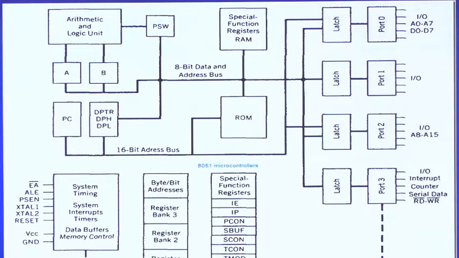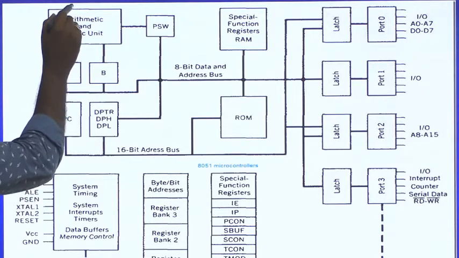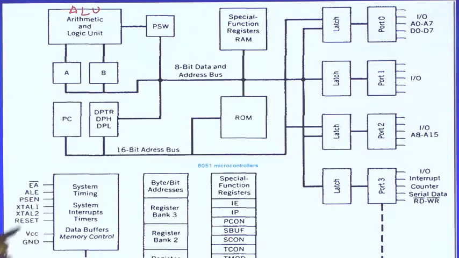I will straight away enter into the concept. This is my first block, which is the ALU, arithmetic and logical unit. The name itself indicates it can perform different arithmetic and logical operations. I repeat, it can perform different arithmetic and logical operations.